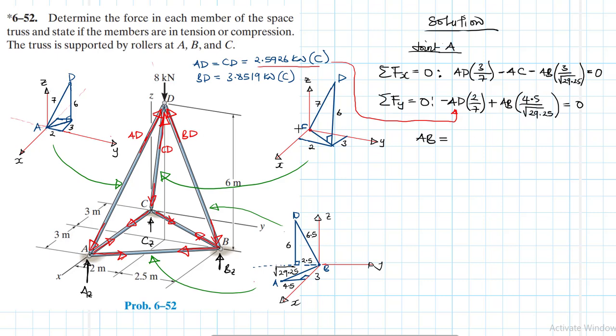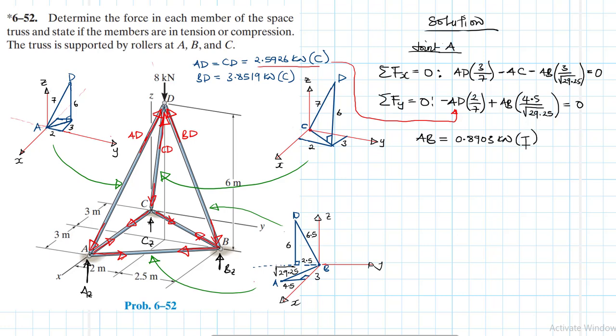Okay, 29.25. All right, something like that. So what we get is AB is equal to 0.8903 kilonewtons, and it is in the direction that we assumed it, which is tension.